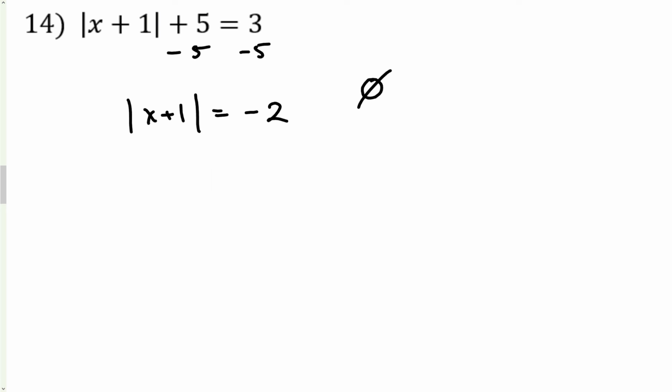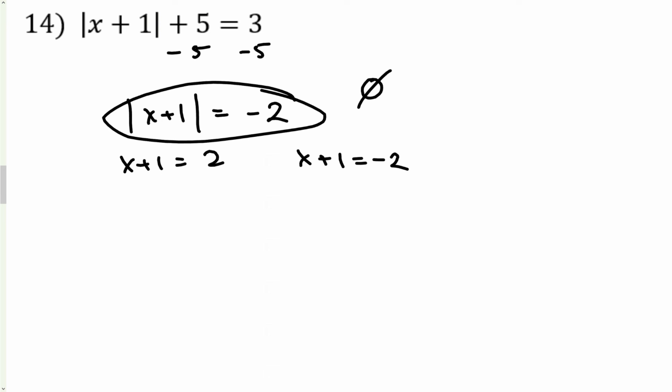This has no solution. If this was a positive 2, you would split this into 2 separate equations and solve them separately. But it's not. You got to recognize that it's an absolute value equal to a negative number, which means this is undefined.